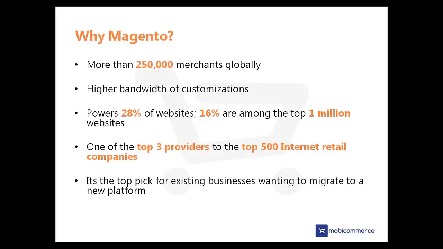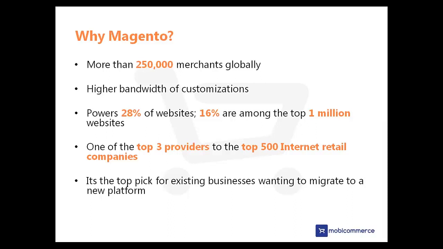A recent data from BuiltWith comparing popular e-commerce platforms showed that Magento powers 28% of the websites across the internet, in which 16% are amongst the top 1 million websites. According to the official Magento, they are one of the top 3 providers to the top 500 internet retail companies.